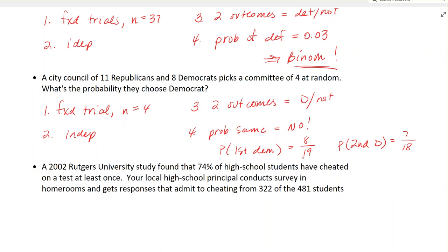So if you notice, the denominator here is changing each and every time, which means when I draw a name the first time, the probability changes for the second time that I draw, because I've reduced the number of total options there in the hat. So because we could not meet all 4 of the criteria, we would say this is not a binomial distribution, and it was that last one, that the probability is not the same for each trial, that threw it out.